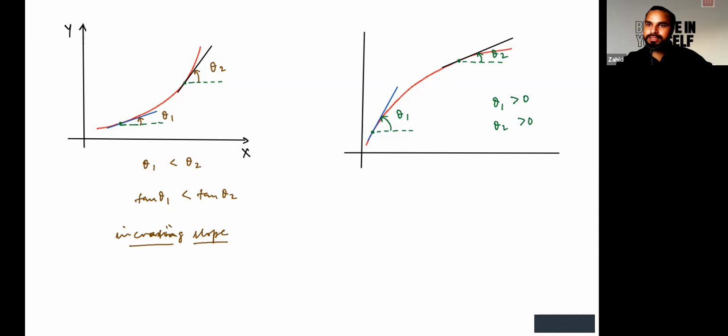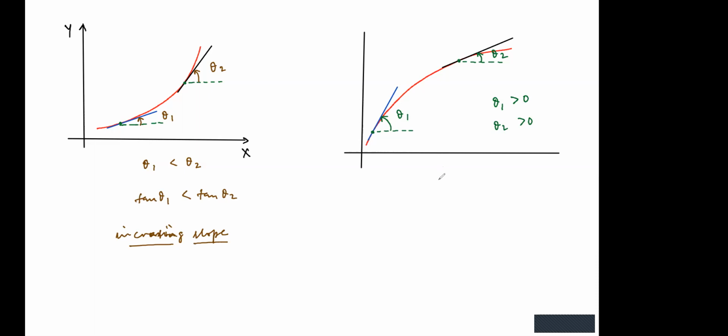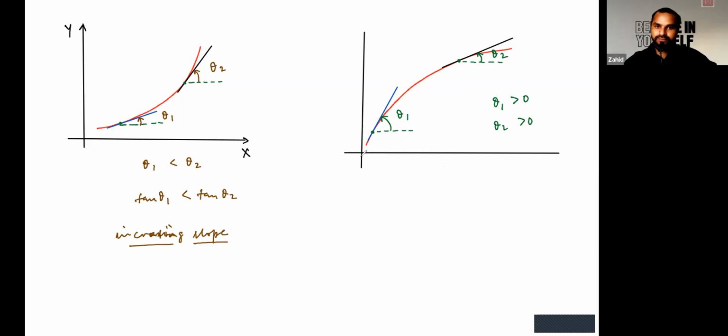But which one is larger? Theta 1. Good. So we can say the slope of this particular curve is decreasing. So theta 1 is greater than theta 2. It means tan theta 1 is greater than tan theta 2, or we can simply say decreasing slope.